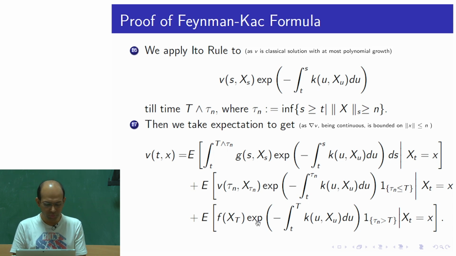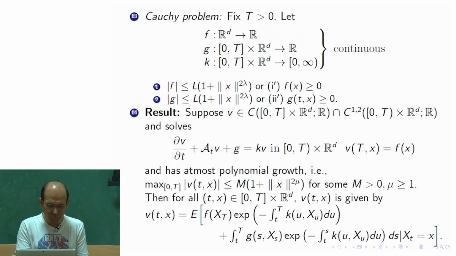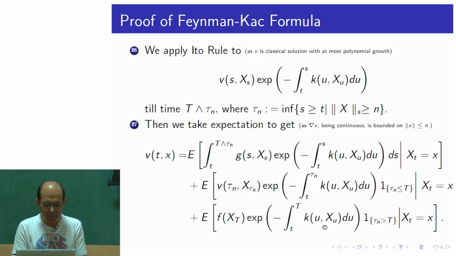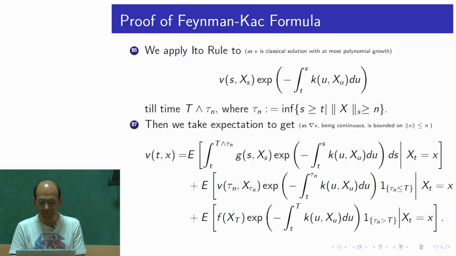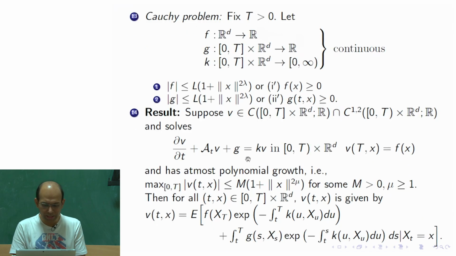Okay, so you remember that we need to prove V(t, x) is equal to this thing, correct? The f of x_T times e to the power of this thing already appears here. The only thing is that τ_n greater than capital T appears here, so that we need to get rid of. And this integration appears.